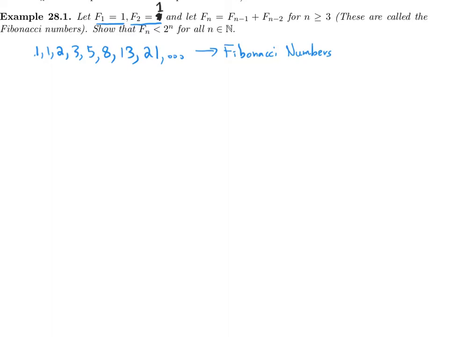So we want to show in this sequence that the nth term is always less than 2 to the power of n for any n. So let's go ahead and do this. All right, so the proof is going to be by induction, by strong induction, in fact. So let's tell people we're doing this.